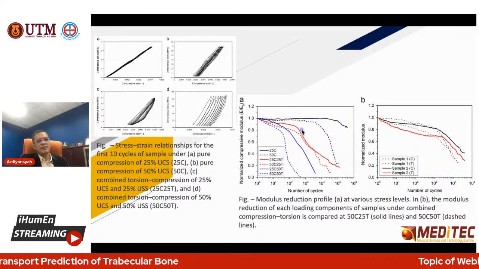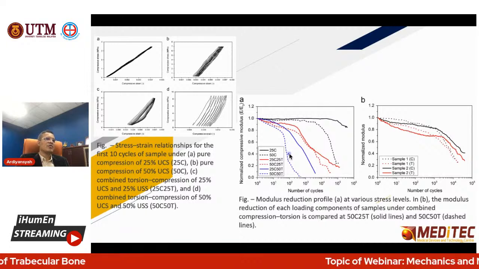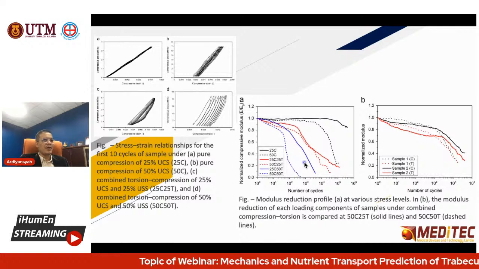But here we can know that the torsion effect is higher compared with the others.